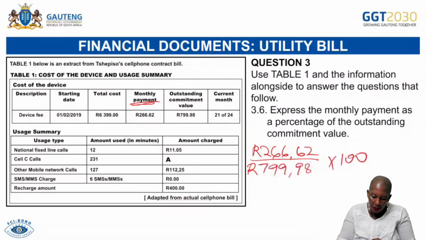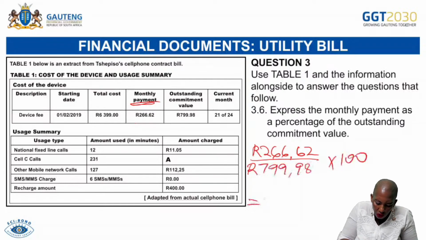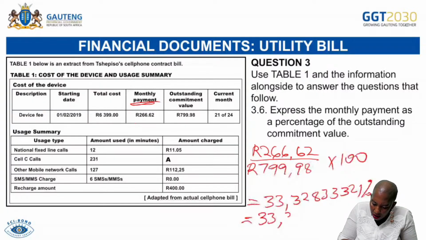It will be 266,62, and then we divide it by 799,98. Then you multiply the answer by 100, and it will be 33,328,321%. So that means it is 33,33%.